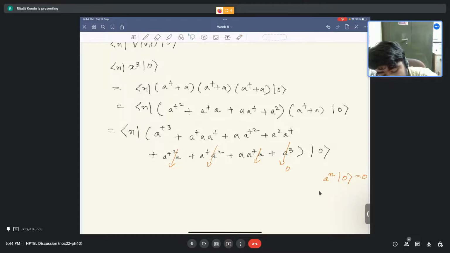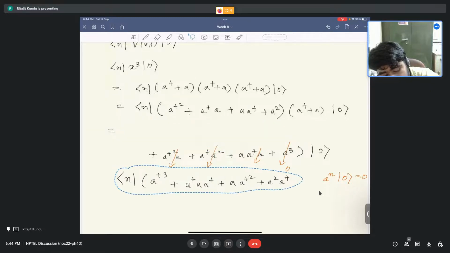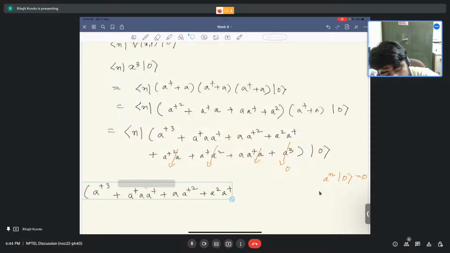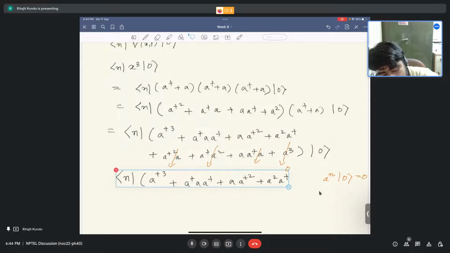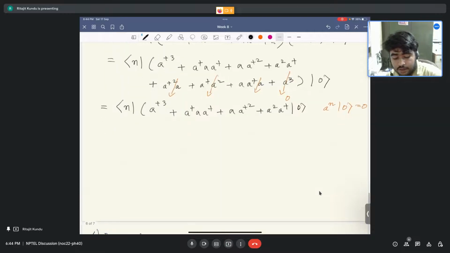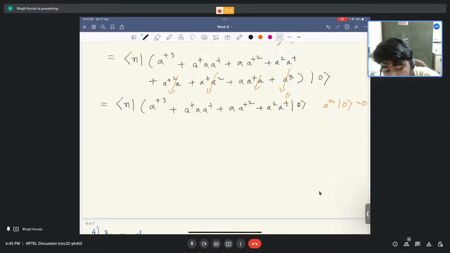Let us copy these parts. Now you have to calculate all of these matrix elements. For example, n, a dagger cube, 0.